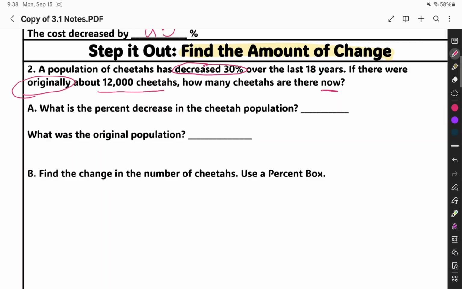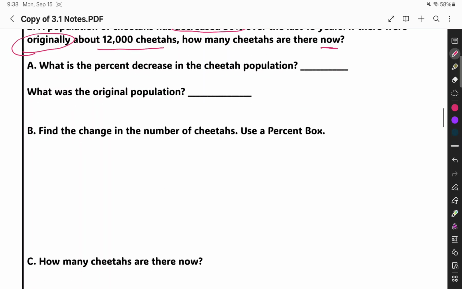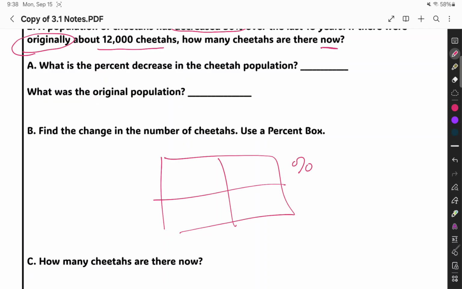I see a percent sign, so I automatically know that I'm going to use a percent box. I also know that there's a change taking place, and so I'm going to be using a percent of change box. So I can go ahead and set that up here in part B, because that's the method I'm going to use. Amount of change over the original.